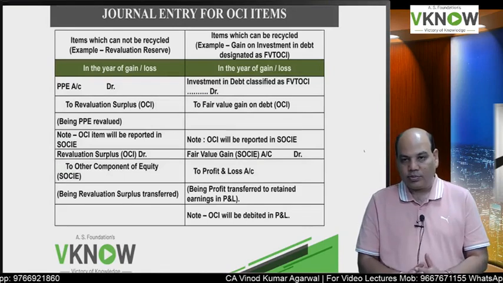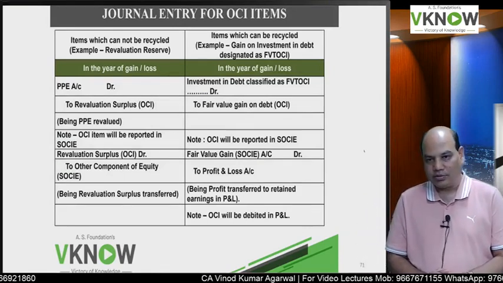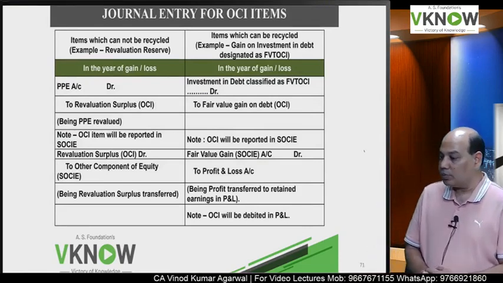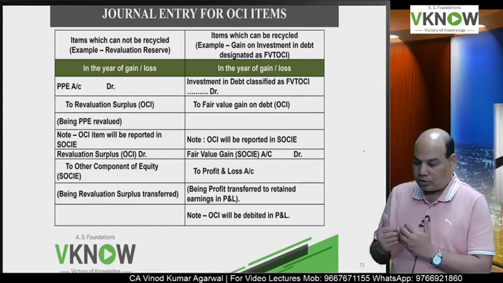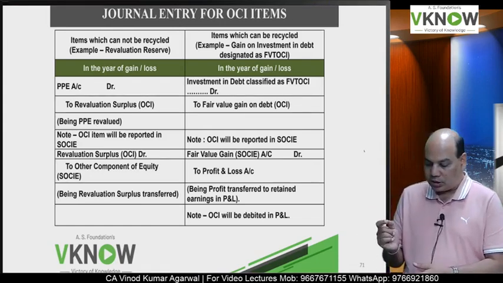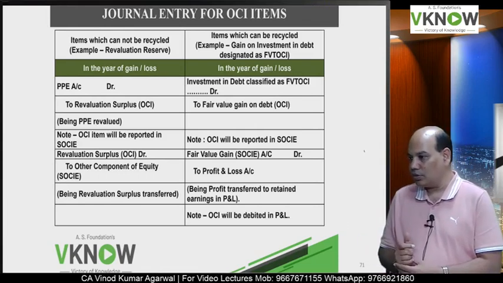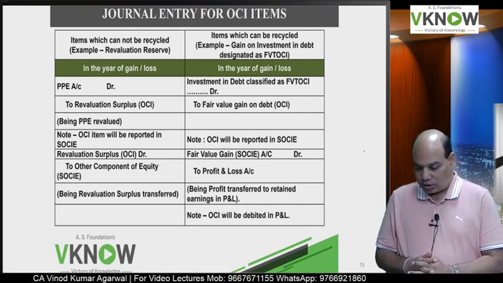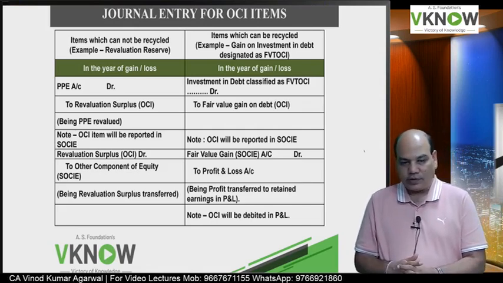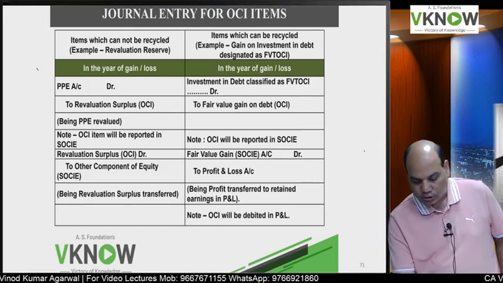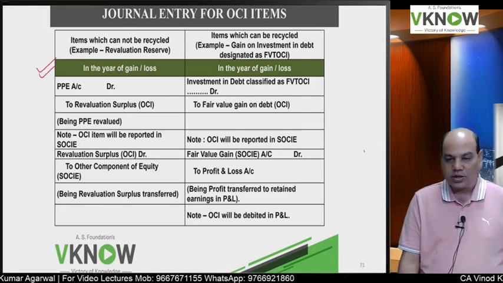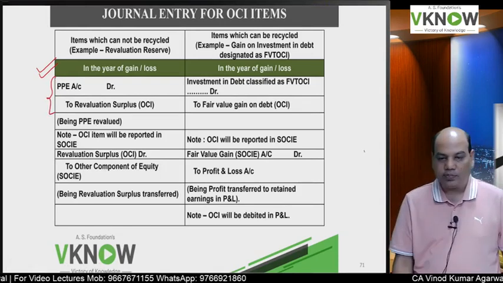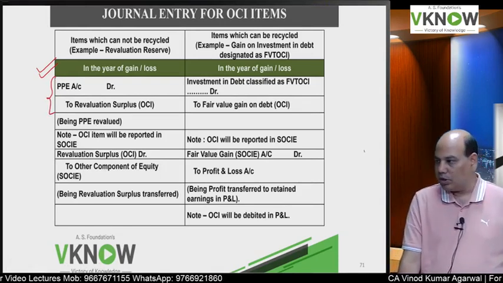The first column is items which cannot be recycled, for example revaluation reserve, which we have just seen. The second type is items which can be recycled; the example we have also discussed is gain on investment in debt instrument designated as FVTOCI. So first you focus on the non-recyclable item. If there is a revaluation gain, for example, it can be any other item.